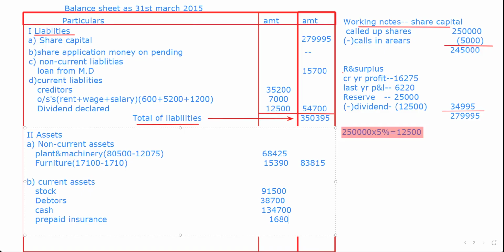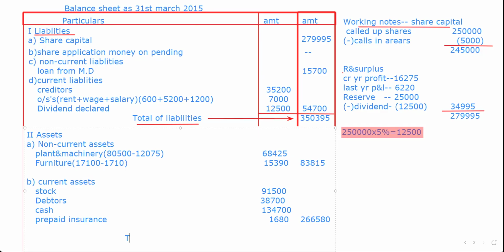So there's nothing else there. So now I'm going to total all the things. 91,500 plus 38,700 plus 1,34,700 plus 1,680. So altogether I got a total of around 2,66,580. Now you just add the total above portion and tell me how much you got the total of assets.